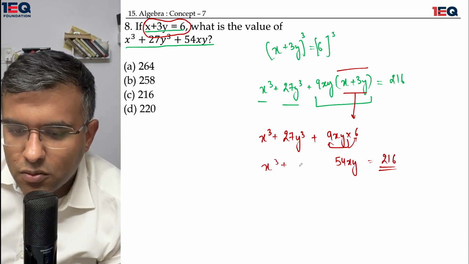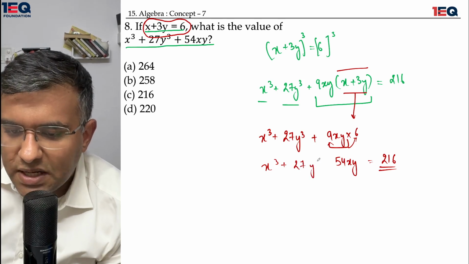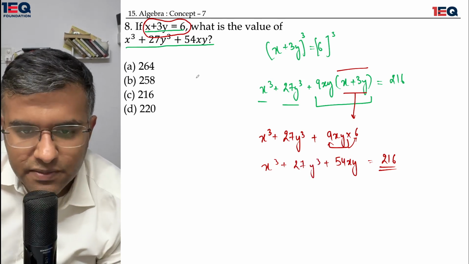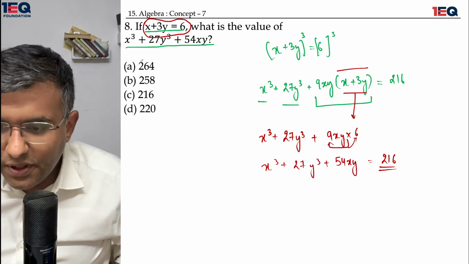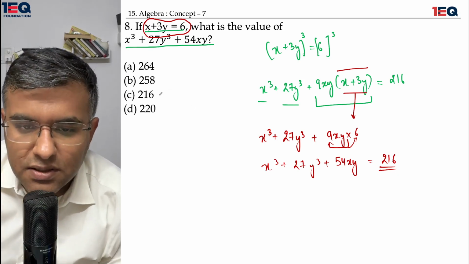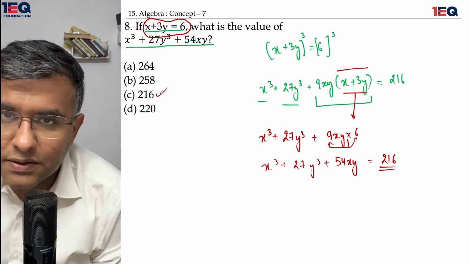This is x cube plus 27y cube plus 54xy, which is exactly as the question was supposed to be. And 216 is going to be my final answer.